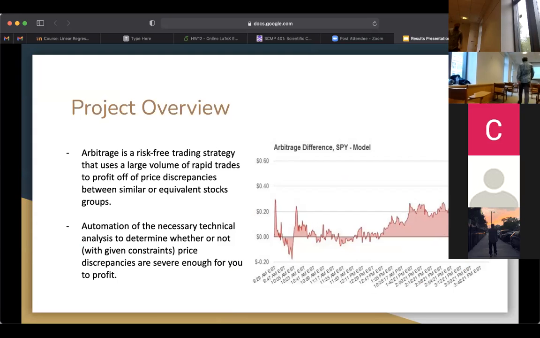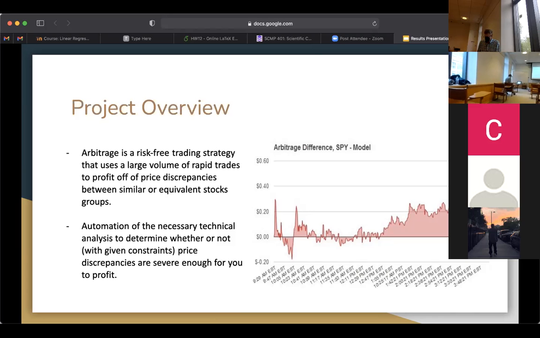So arbitrage is a risk-free trading strategy that uses a large volume of rapid trades to profit off of price discrepancies between similar or equivalent stock groups or pairs. The classic example is represented in this right graph. This is the price discrepancies between the S&P 500 index and the actual sum of the 500 companies that are a part of it.